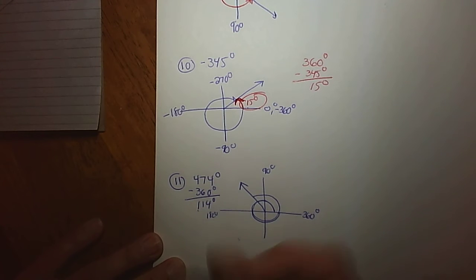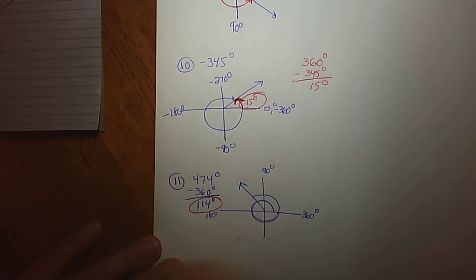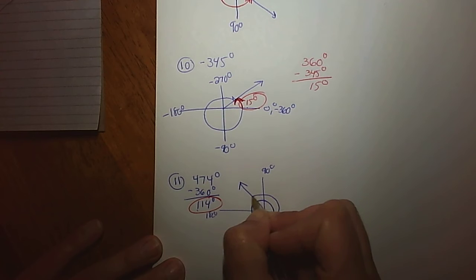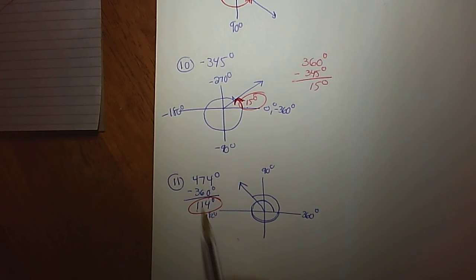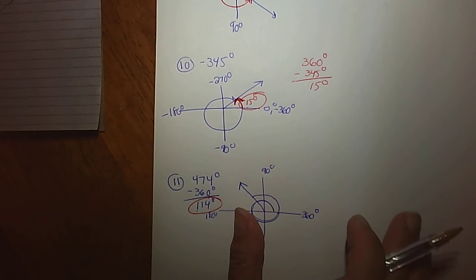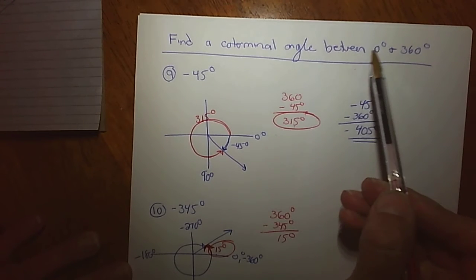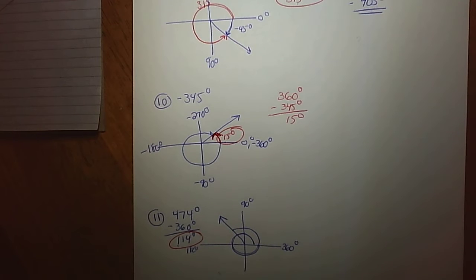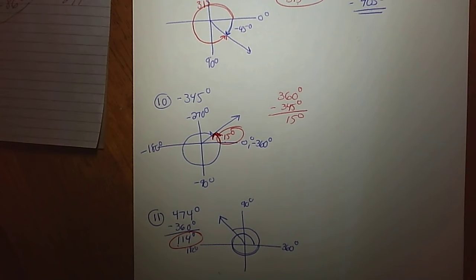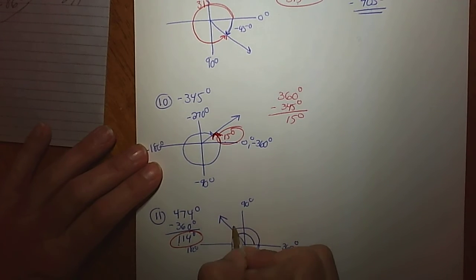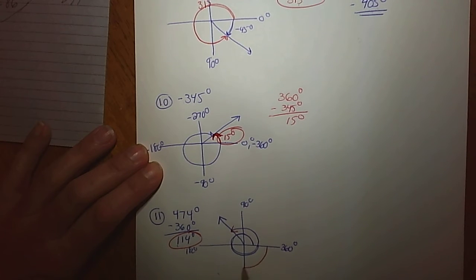And a coterminal angle, you guys, is the 114. If I just graph from here to here, it's going to land me in the same spot. So that was the best answer because 114 falls between 0 and 360. Now, some of you didn't give me another answer, which I gave full credit for. Some of you got it to here and then found the twist from this way.